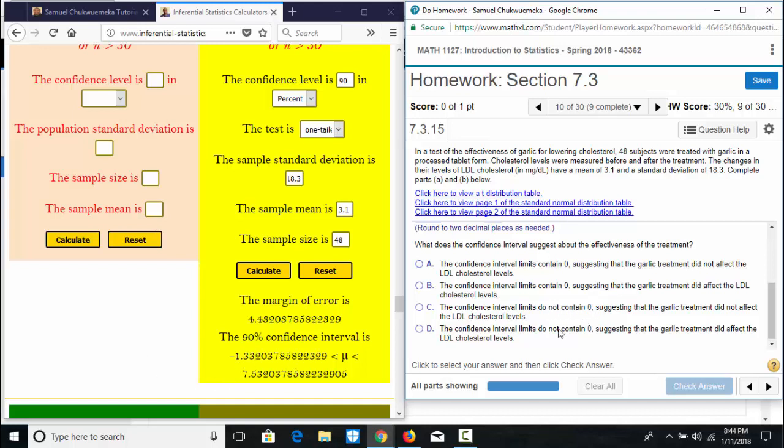No, it contains 0. As we move further in inferential statistics, when we get to hypothesis testing, you will realize what your decision is in such cases. If it contains 0, it suggests that the garlic treatment did not affect the LDL cholesterol levels. So we pick A.